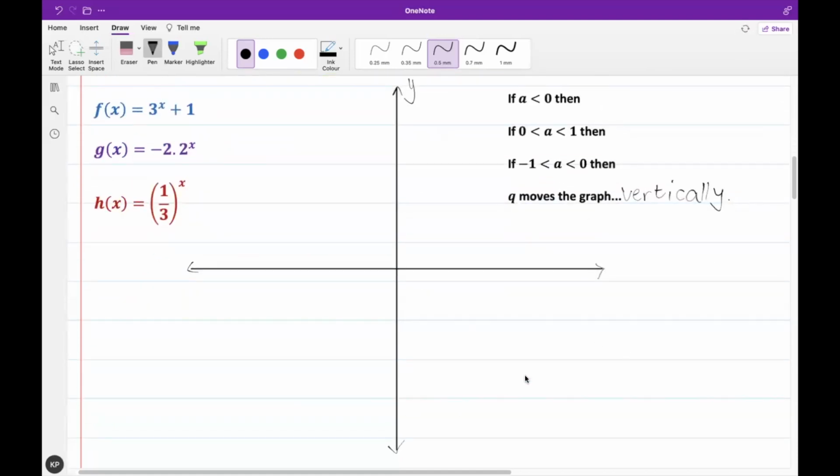But Q moves the graph, so it will also move the asymptote. Since I have 3 to the power of x plus 1, my asymptote will move 1 unit up.